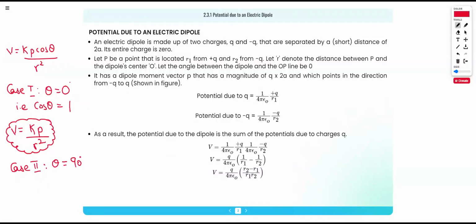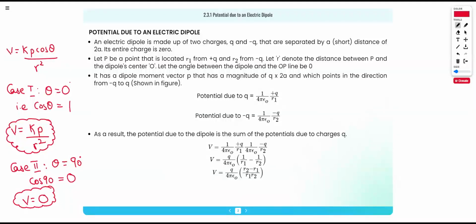Yes, Shamta, you gave the right answer. What is cos 90? Cos 90 is 0. So V will be equal to K p times 0 over r square, so your V value will be equal to 0.